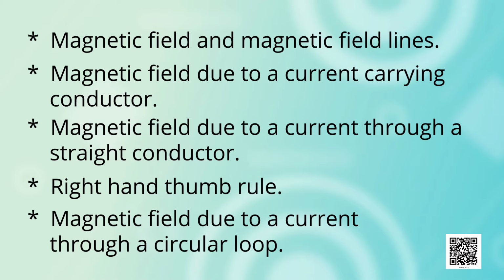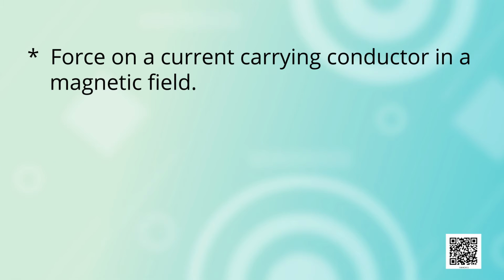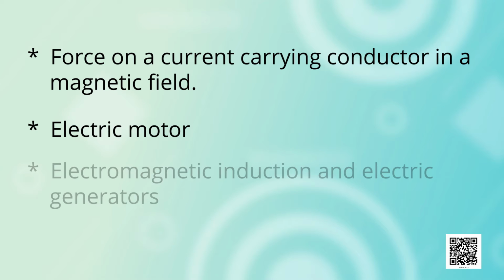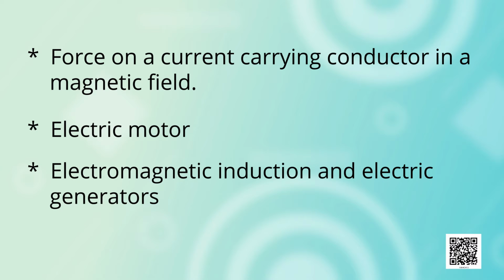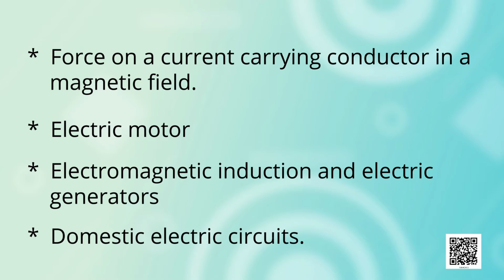Magnetic field due to a current through a circular loop. Force on a current carrying conductor in a magnetic field. Then we will discuss about electric motor, electromagnetic induction and electric generators. And in the last, we will study about domestic electric circuits.